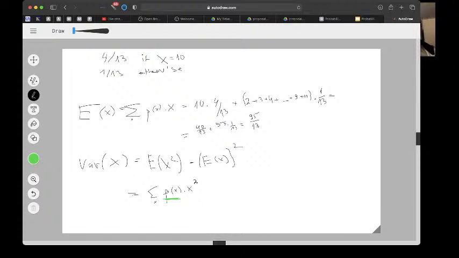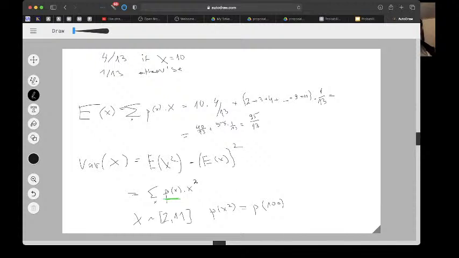And another way to think about it is, x is basically defined for the range of 2 to 11. Right? So then if you plug in p of x squared, and then x is 10, then I have the probability of getting 100.